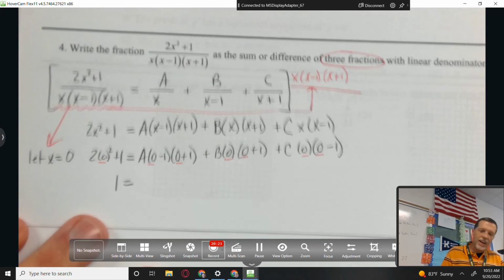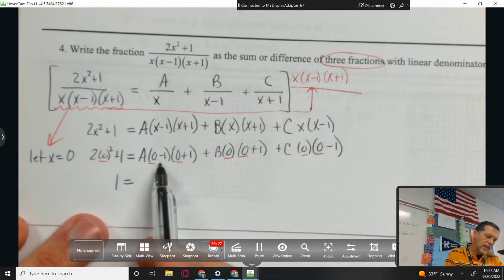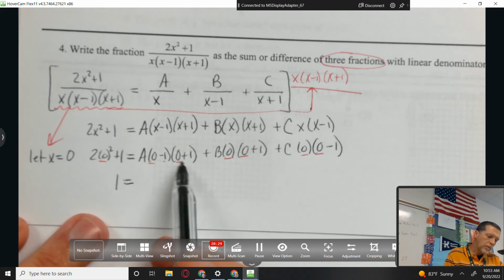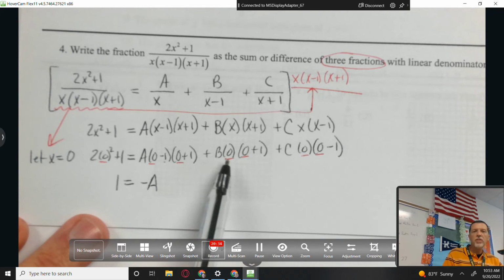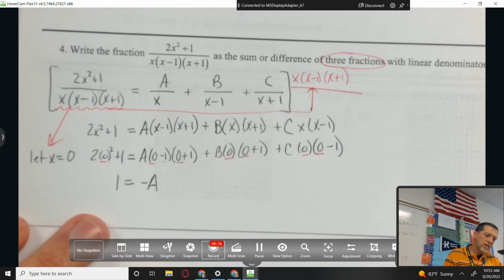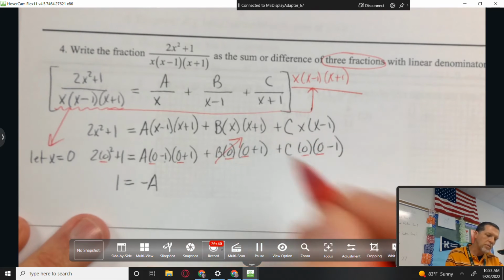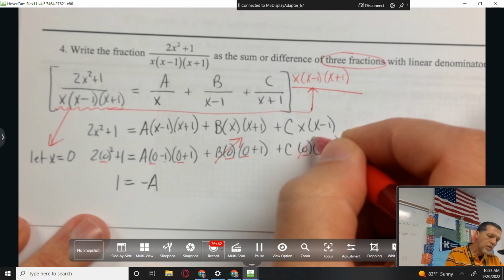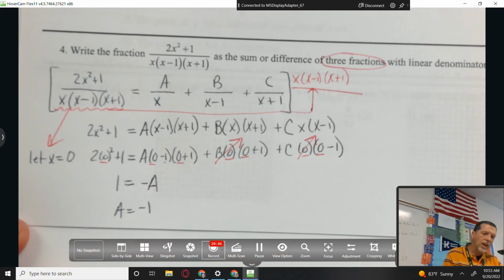So it looks kind of terrible, but let's see. A would be -1 times 1, so that'd be negative A. What happens to the B term? Looks like it's not there. It multiplied by 0. It doesn't matter what else is going on. Same thing for the C term. So there's my answer, at least for A. A is -1.